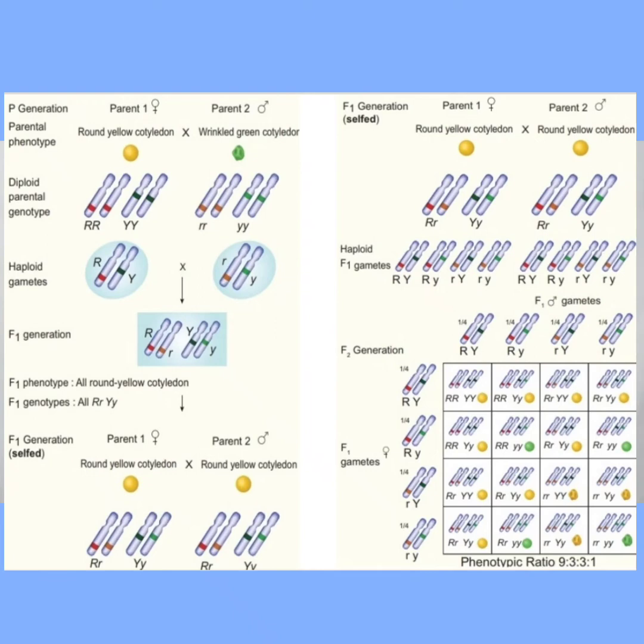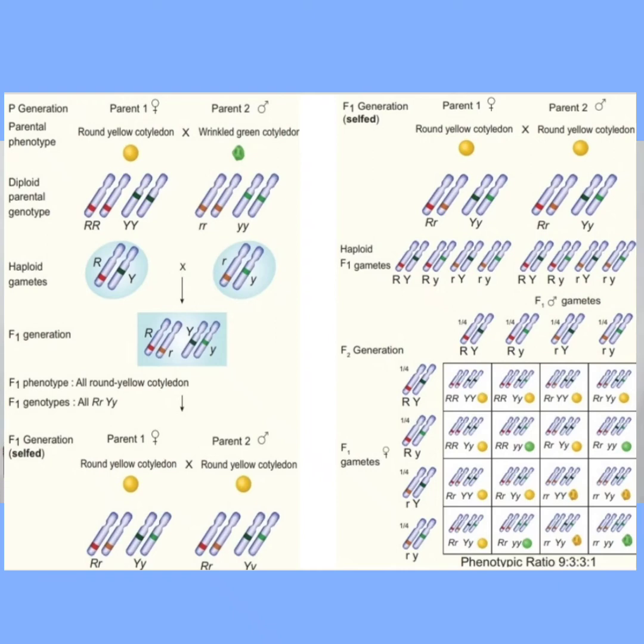The haploid gametes produced by the dominant parent are capital R and capital Y, whereas those of the recessive parent are small r, small y. In the F1 generation, the offspring formed is heterozygous, capital R, small r, capital Y, small y. In the F1 generation, all the phenotypes are round seeds with yellow cotyledon, and the genotype is capital R, small r, capital Y, small y.